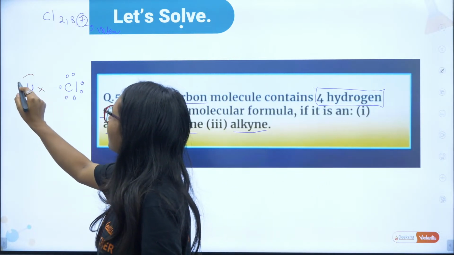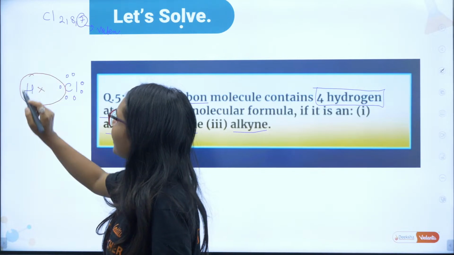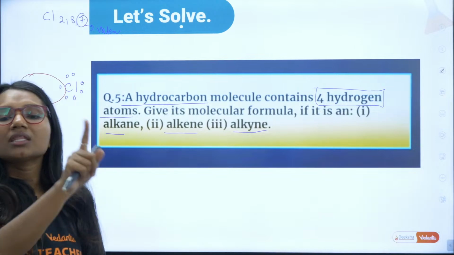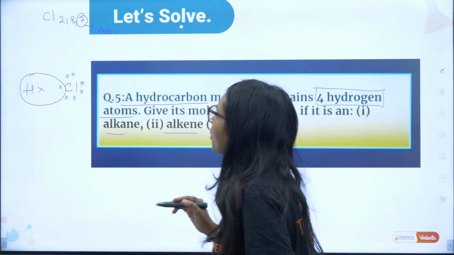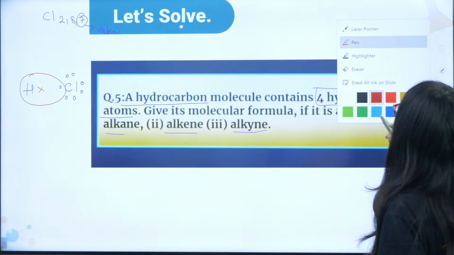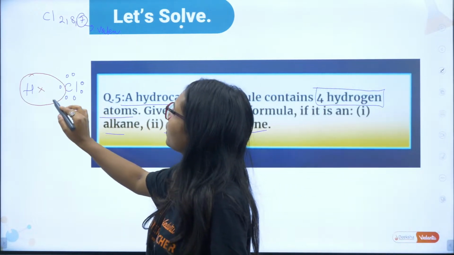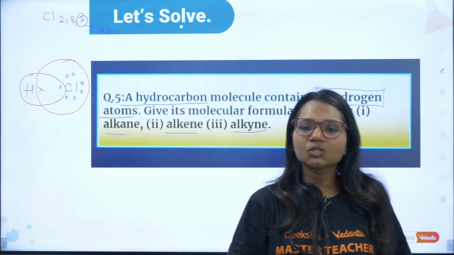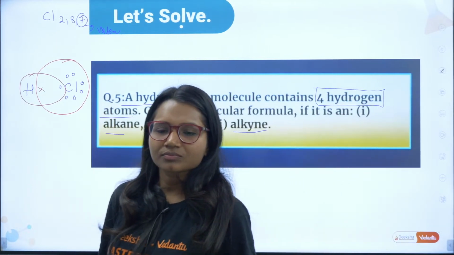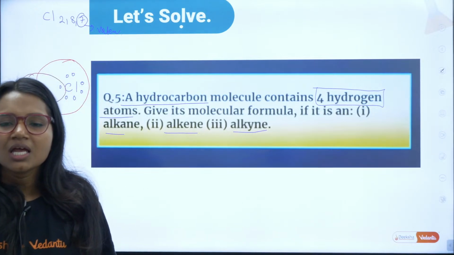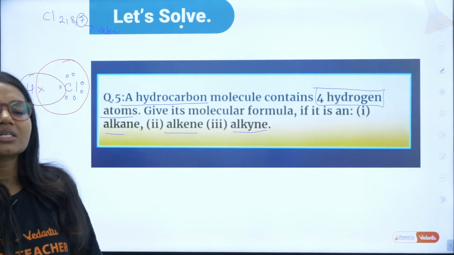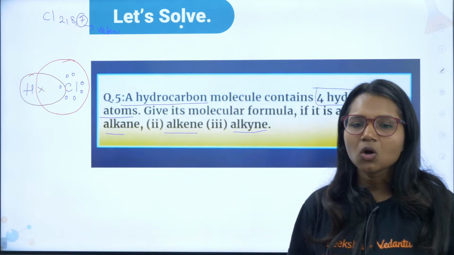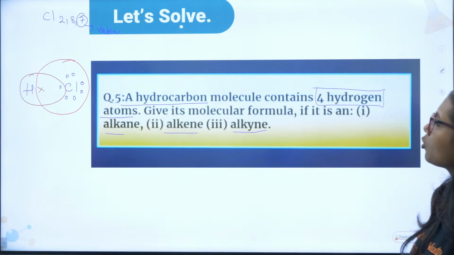So here, hydrogen will complete the doublet. Hydrogen wants one electron in the outermost shell. But chlorine will complete what? Octet. Yes, chlorine will complete the octet. Understood? Okay, fine. Darshil, have you understood now the dot structure of HCl? Is it visible? I'll come this side. Okay. Now let's come back to the question.